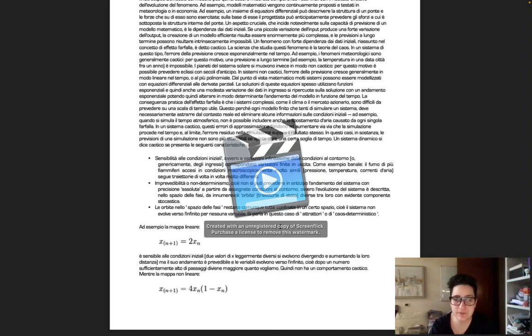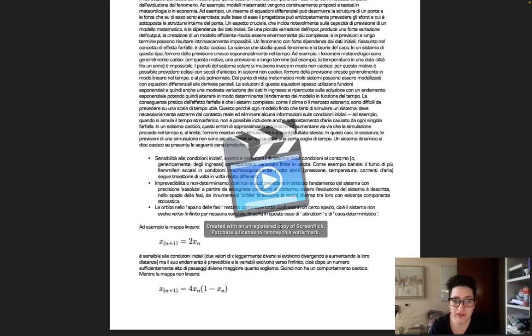This linear map is sensitive to the initial conditions, because two slightly different values of x can evolve diverging and thus increase their distance, but its evolution is predictable and the variable evolves towards infinity. That is to say, after a sufficiently high amount of steps, it becomes greater than what we want, so it doesn't have a chaotic behavior.